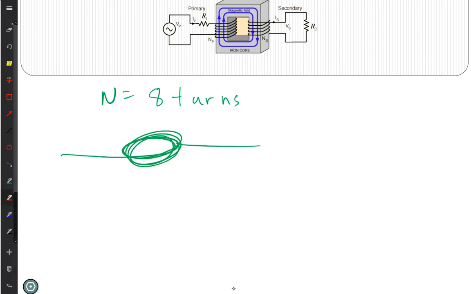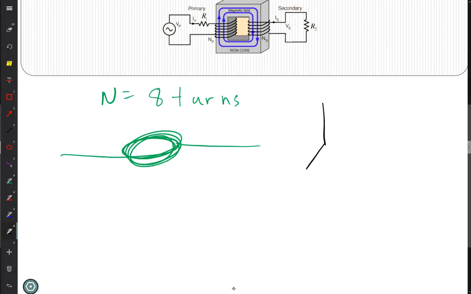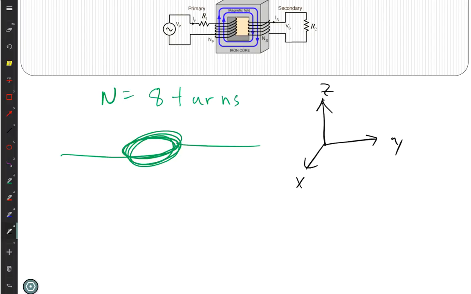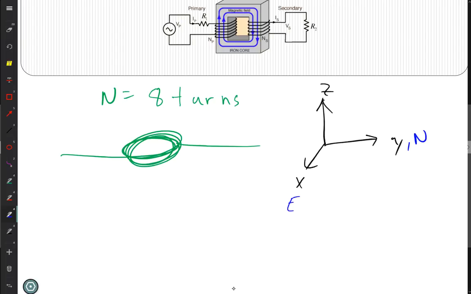Let me draw X, Y, and Z, okay? Or if you prefer, we can give it north, south, east, west, up, down. This is going to be north and east and up for the directions.